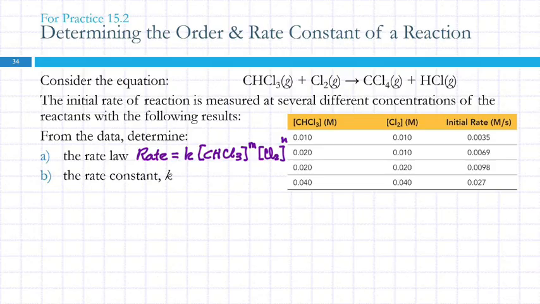That's the closest we can get. Now we need to look at our data, and if they did the experiment properly, we'll be able to figure it out from the data.